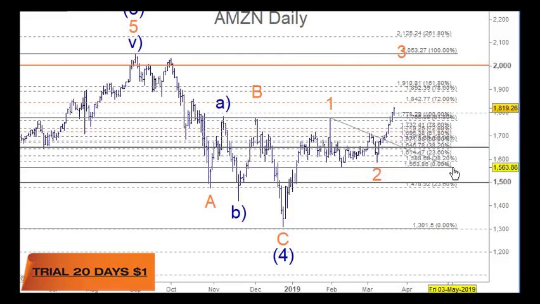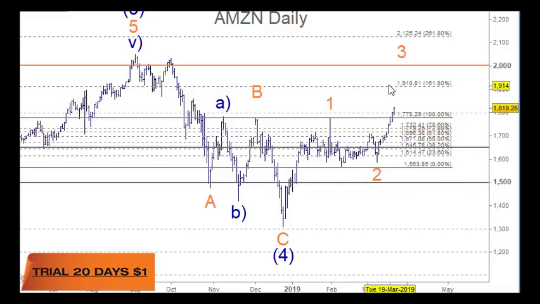So just using the last leg as a Fibonacci number here, the 1910 would be more probable than 1900. The reason for that is because it starts to meet the supply here. But anyway, there's all the resistance in this little space here, but that doesn't matter for the time being.